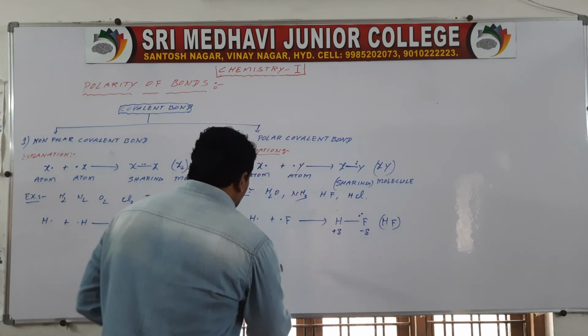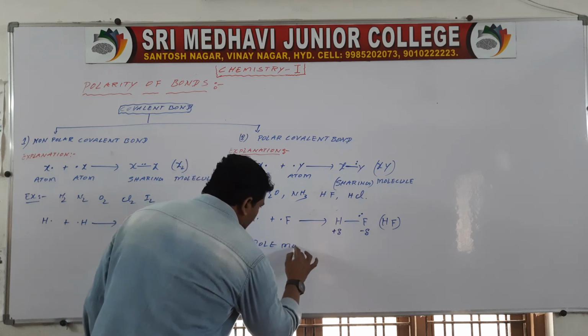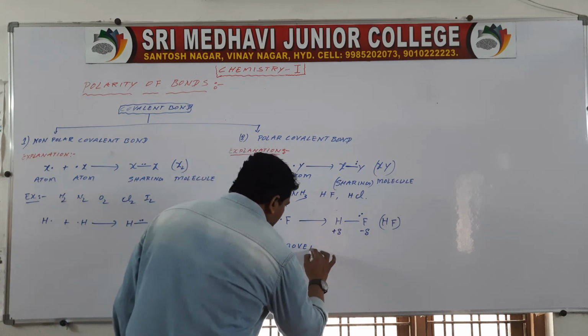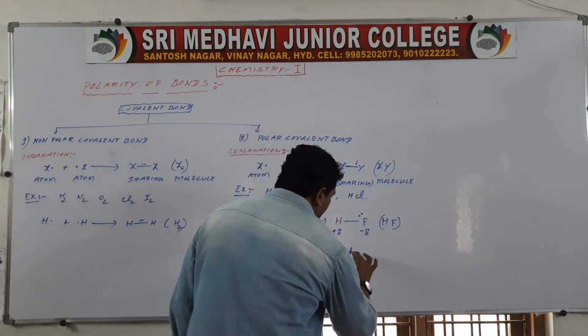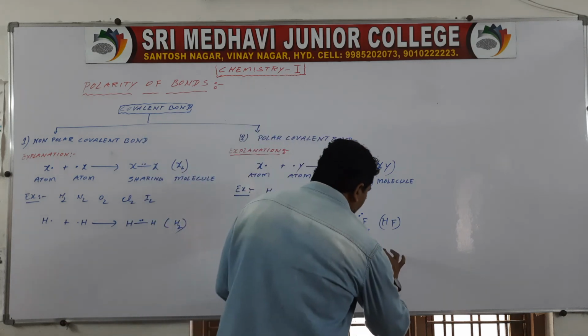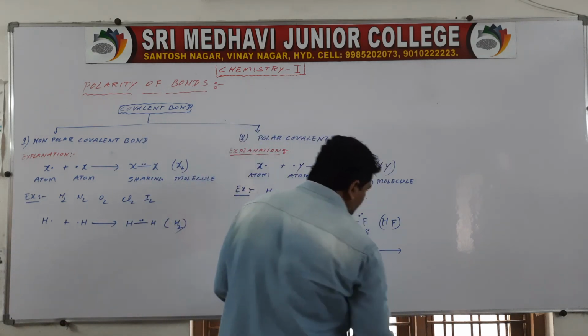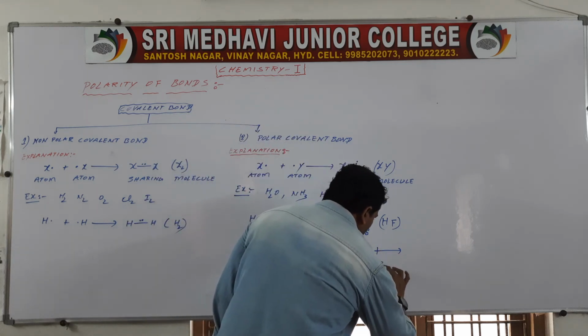This is called dipole moment, denoted by mu. The dipole moment is indicated by this type of crossed arrow.